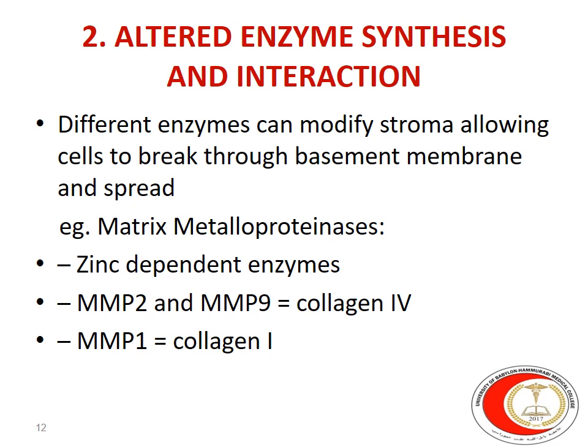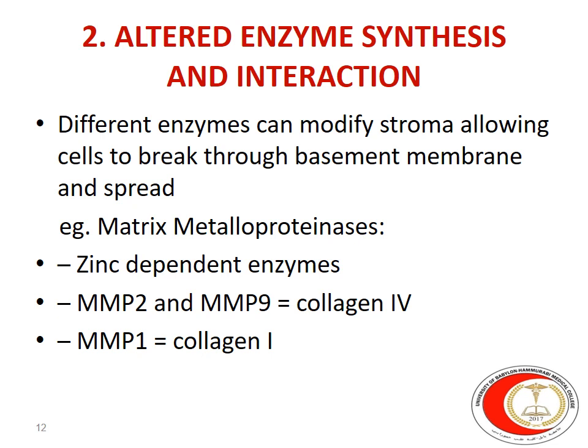The third factor involved in the process of invasion is altered enzyme synthesis and interaction. We have different enzymes that can modify the stroma, allowing the cell to break through the basement membrane and spread. The most famous ones are the matrix metalloproteinases.